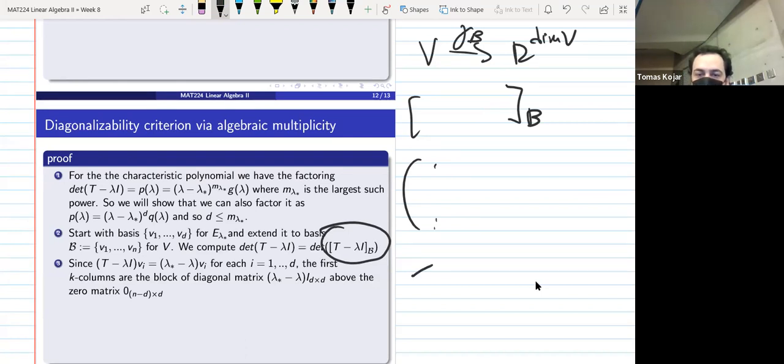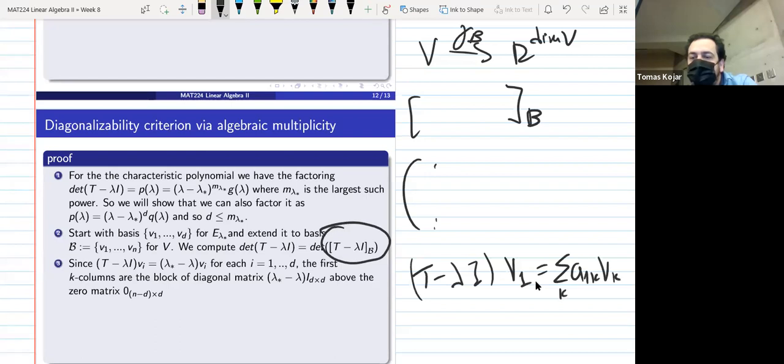You evaluate, like you guys said, T minus lambda I at V1. And you compute this, it's fine. You write it in terms of the A1K of VK. I think people understood that. But then to get the thing, you need to extract the coefficients.